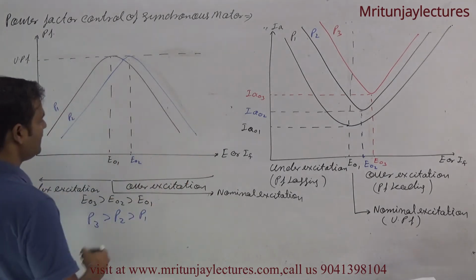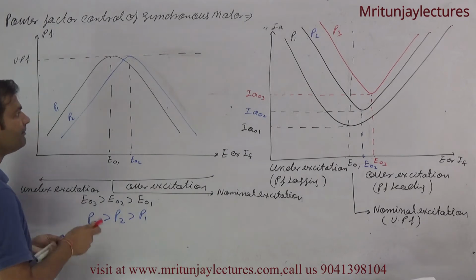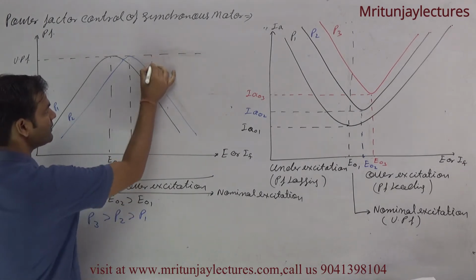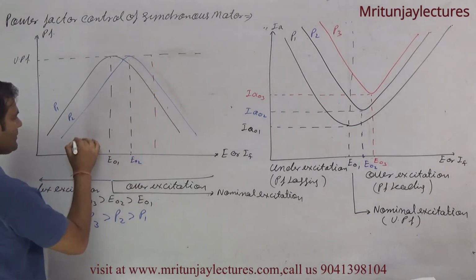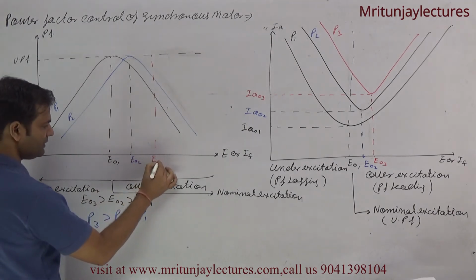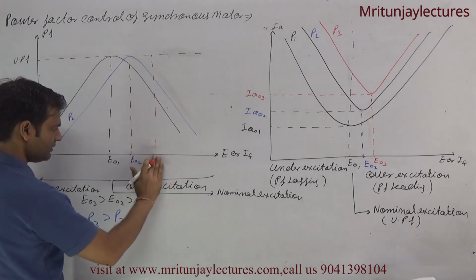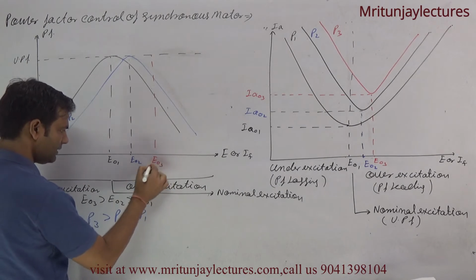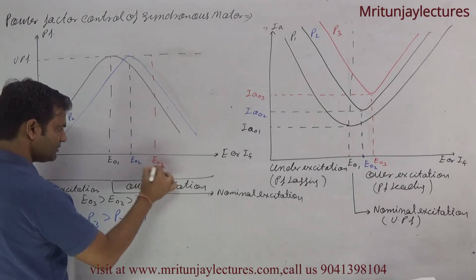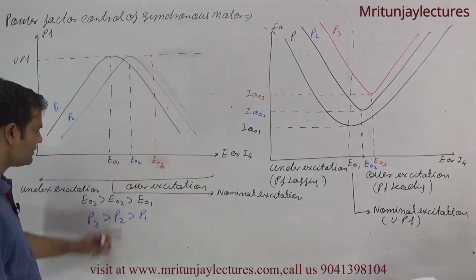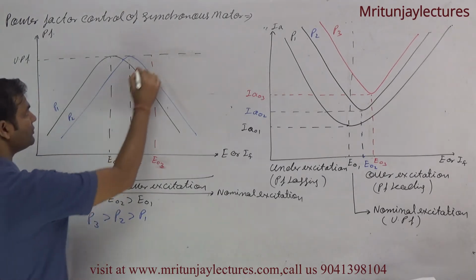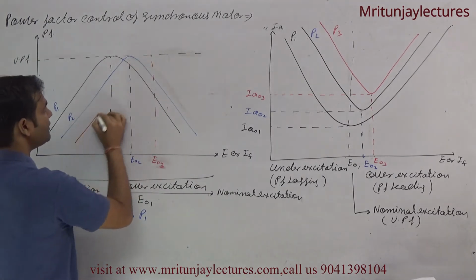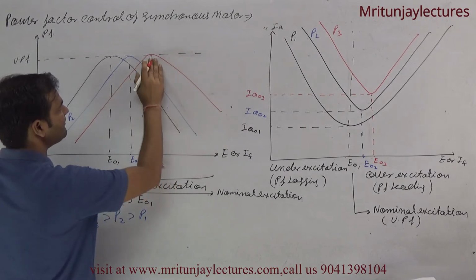Now corresponding to P3, because E03 is greater than E02, which is greater than E01, it is represented like this.